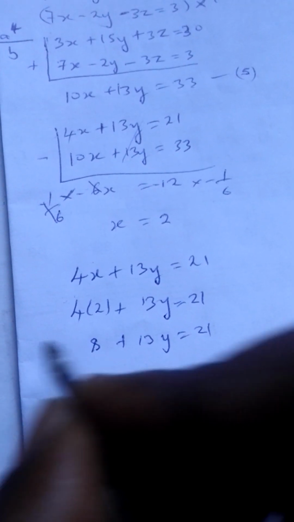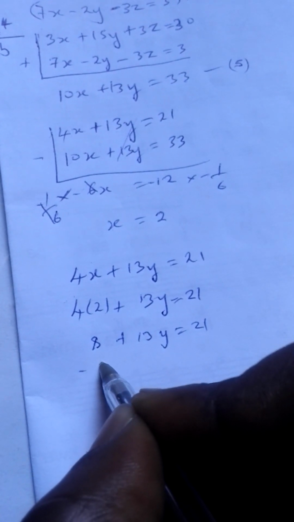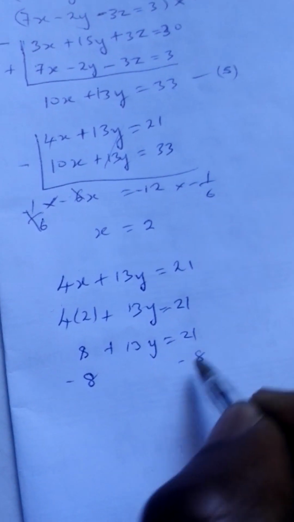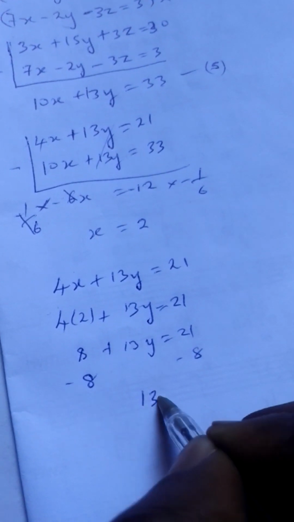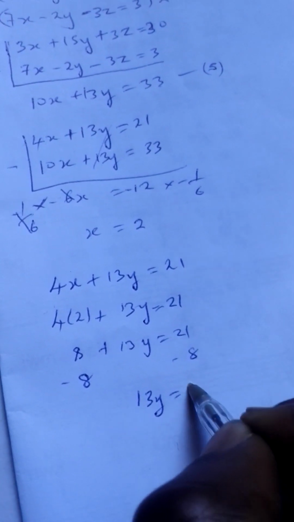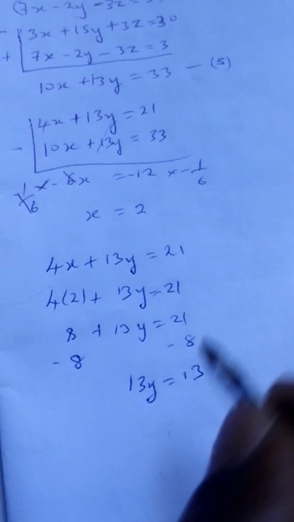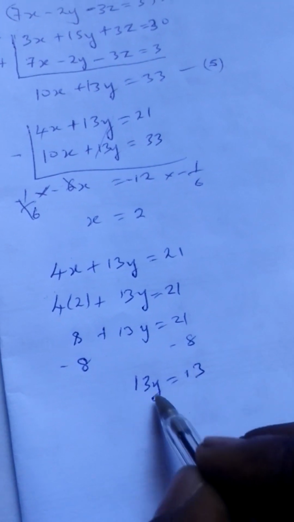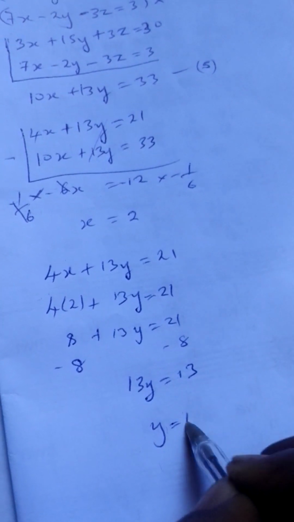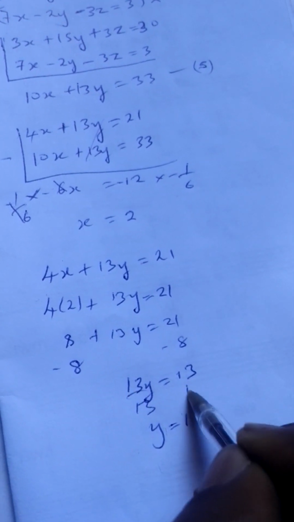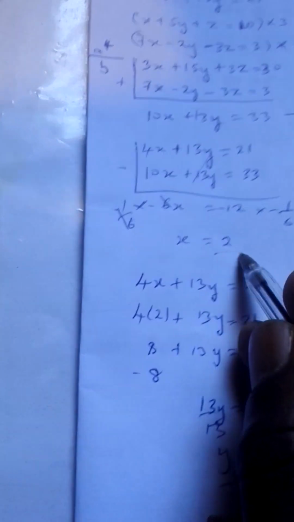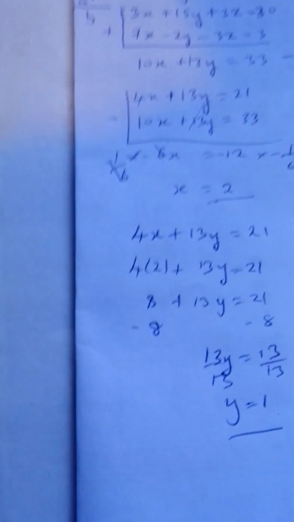If we subtract 8 from both sides, my 13y equals 13, and then dividing both sides by 13 gives me a 1. So now I found my x and my y.